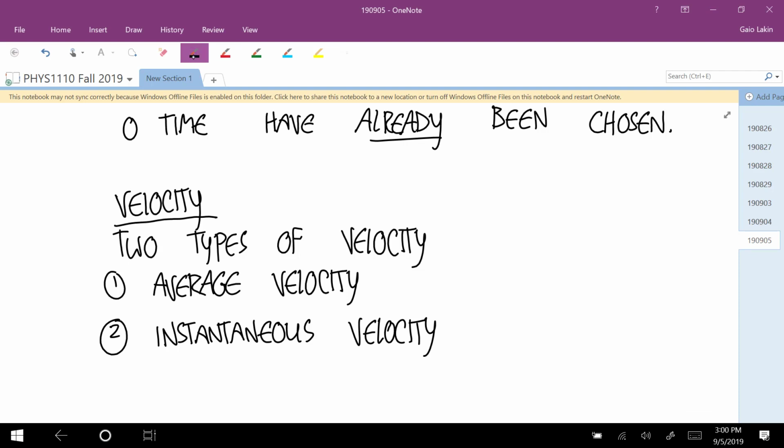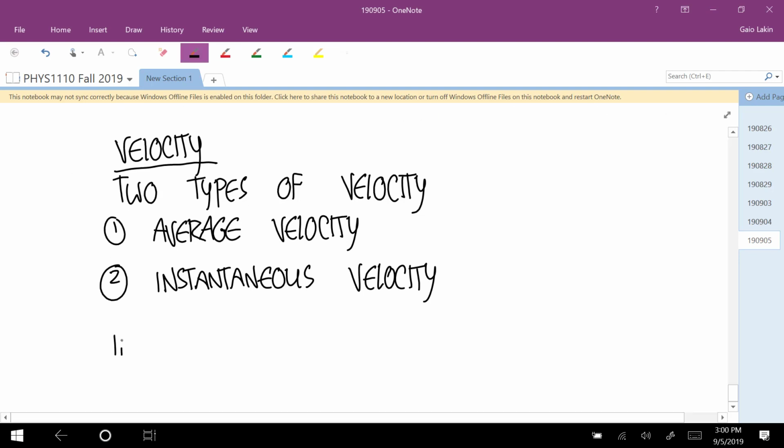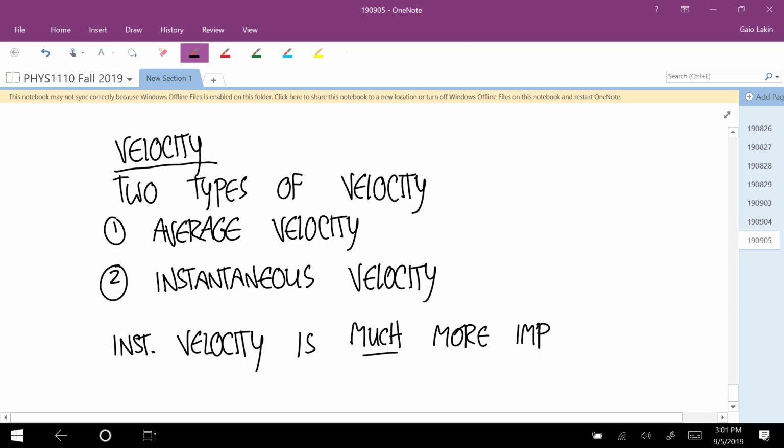And instantaneous velocity is going to be way more important to us in this class. In fact, we're never really going to use average velocity. But the reason we're going to start by defining average velocity is because we need to use the idea of average velocity to define instantaneous velocity.